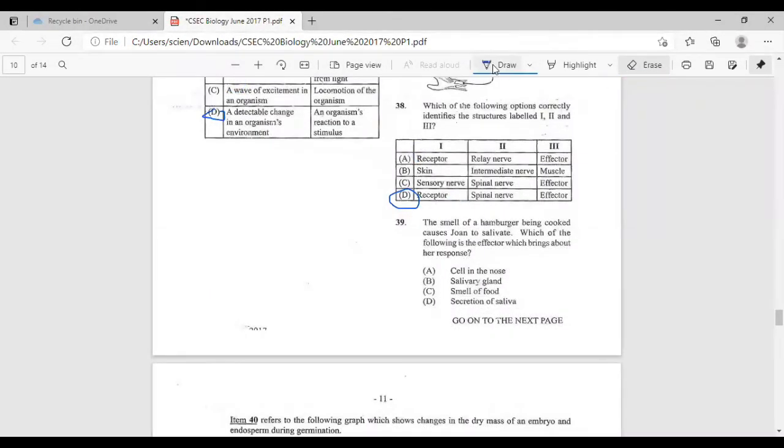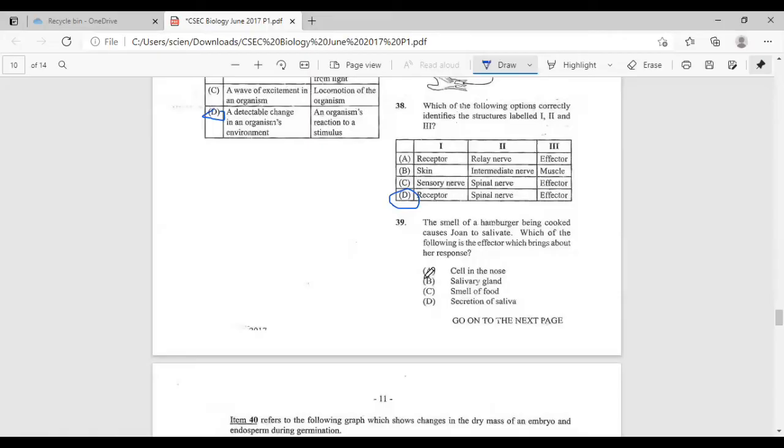Question 39. The smell of a hamburger being cooked causes Joan to salivate. Which of the following is the effector which brings about her response? So the first thing you have to know is that the effector is always a muscle or a gland. And to be honest, based on looking at this, the only thing here that is a gland is the salivary gland.